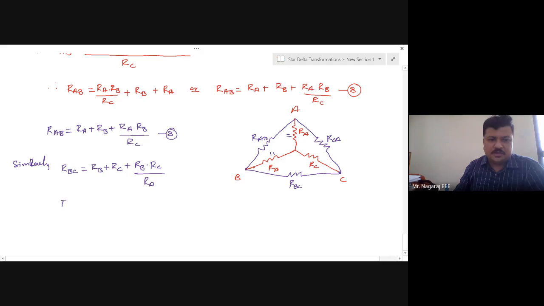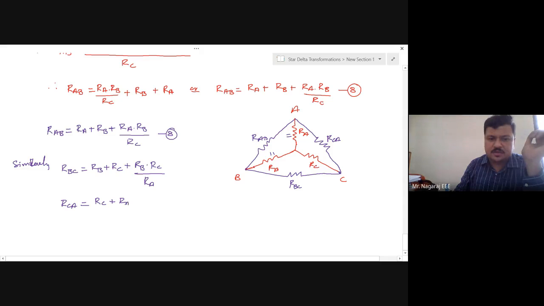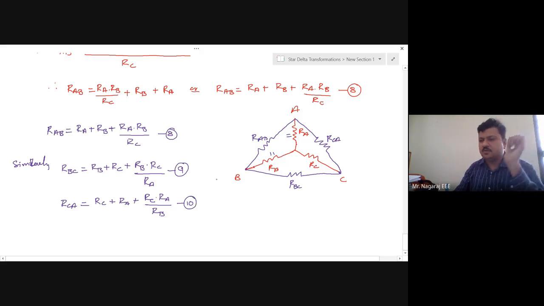And RCA is equal to RC plus RA plus RC into RA divided by RB. Take this as equation 9 and this as equation 10. So this is how I transform from delta to star and star to delta.